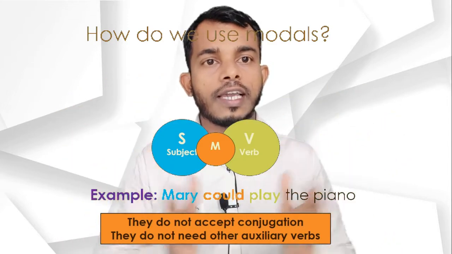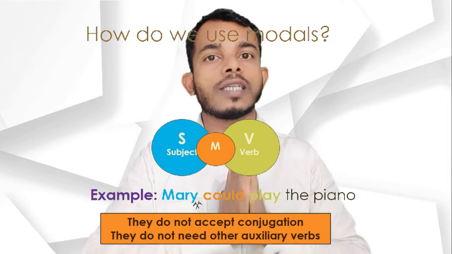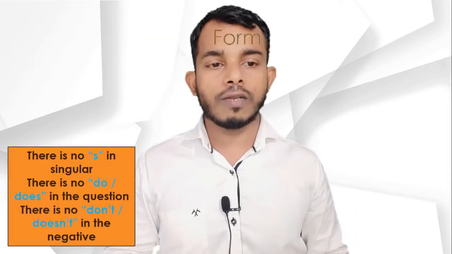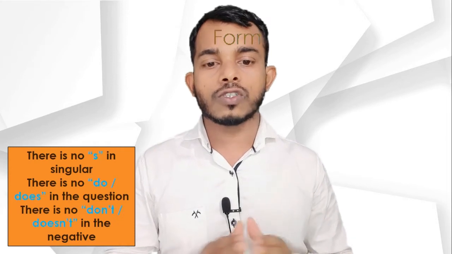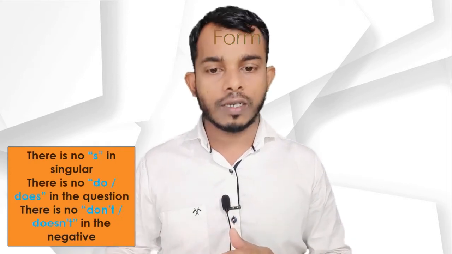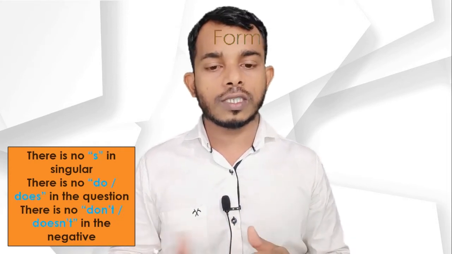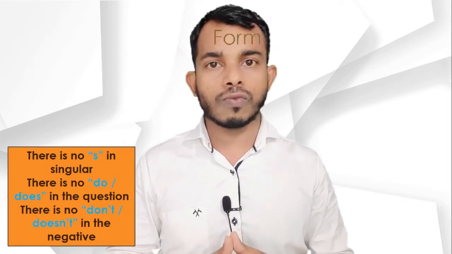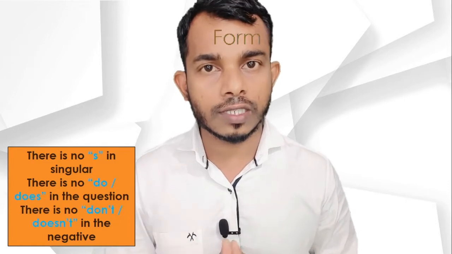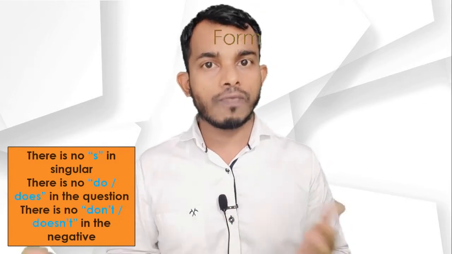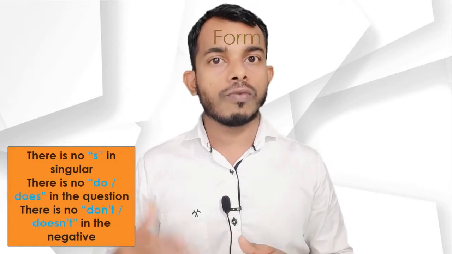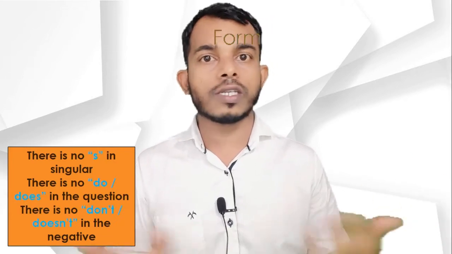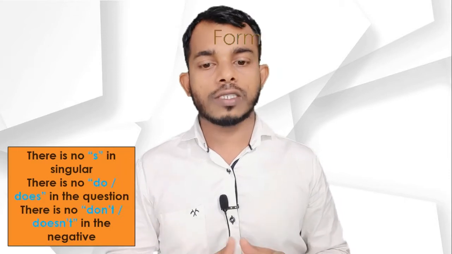Finally, we said there is no s in the singular, and no do or does in the question or don't and doesn't in the negative. Normally, if the subject is singular, we say he goes, but we don't say he cans.